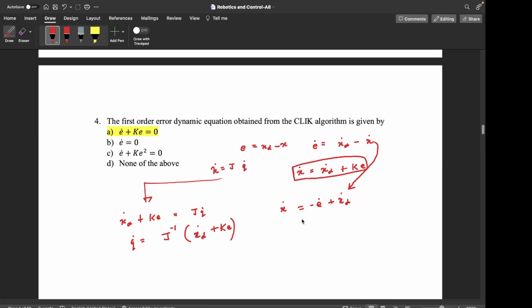And from this equation what we have is x dot is equal to xd dot plus ke.